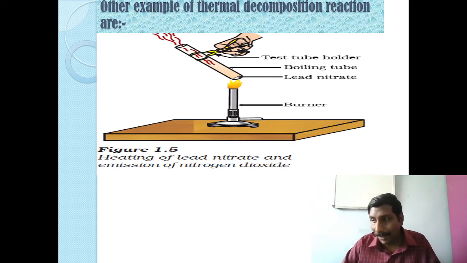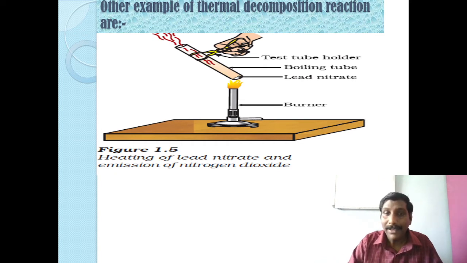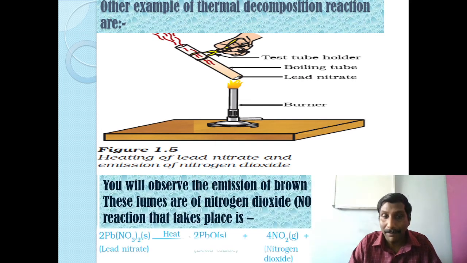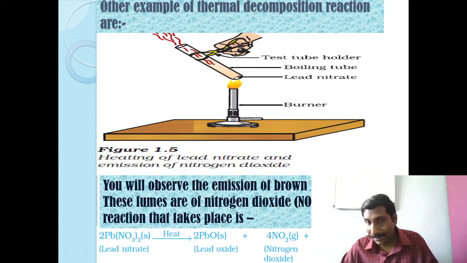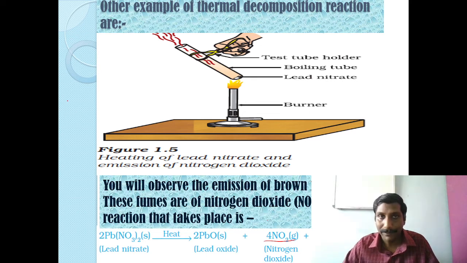Let's move to another example. Let's watch this diagram. We take lead nitrate in a test tube and heat it. This lead nitrate undergoes decomposition to give the corresponding lead oxide, nitrogen dioxide and oxygen. This nitrogen dioxide is coming out as brown fumes. In this figure, the brown fumes are nitrogen dioxide.